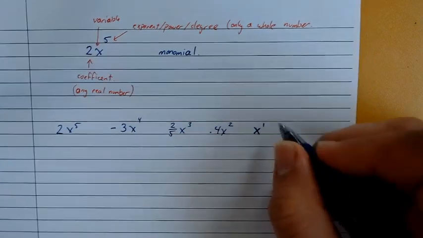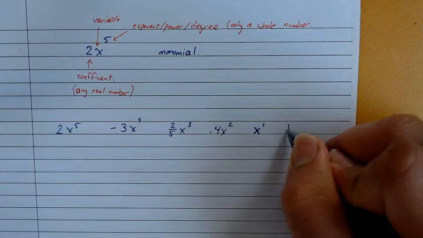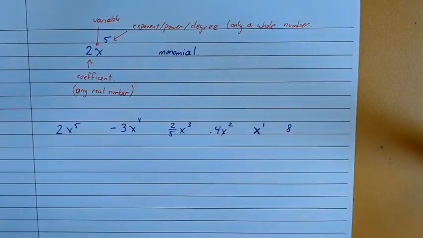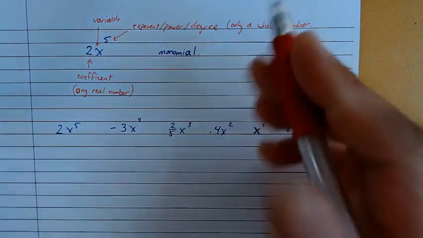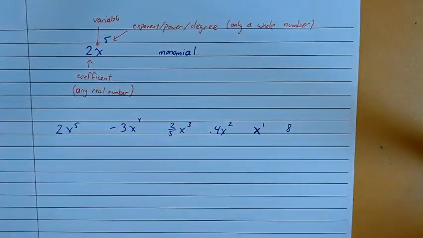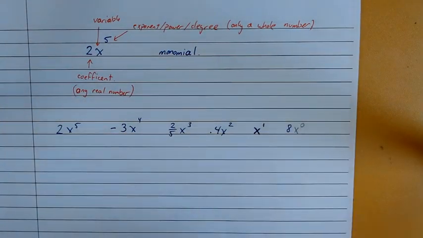You also can have just a regular constant number. For example, the number 8. That is itself a monomial. Now you might say, well, no, it's not, because it doesn't have a variable with a power on it. But remember, the power can be any whole number, and that includes the number 0. So you could think of this as being 8x to the power 0.